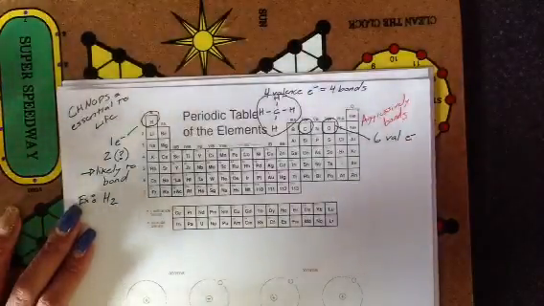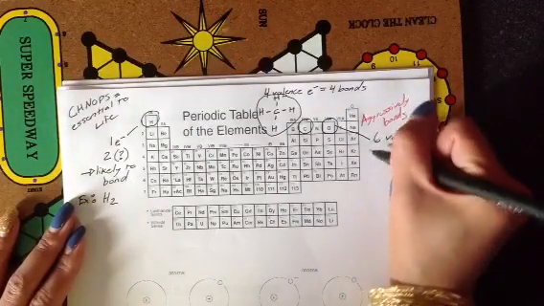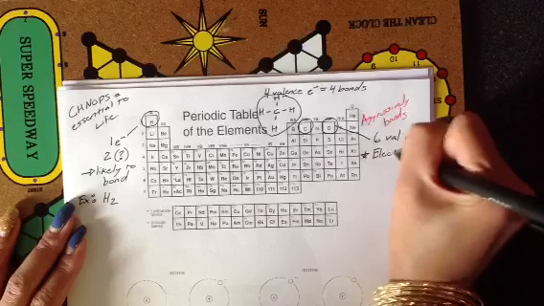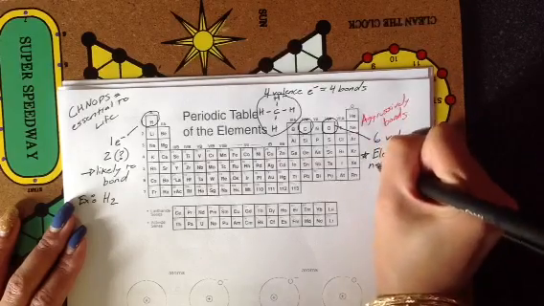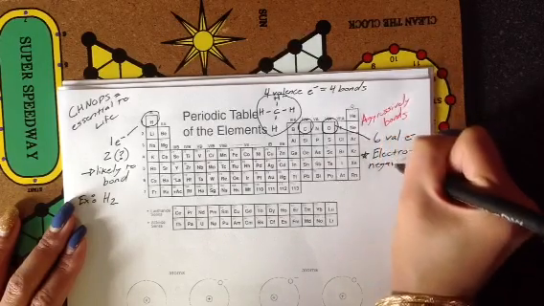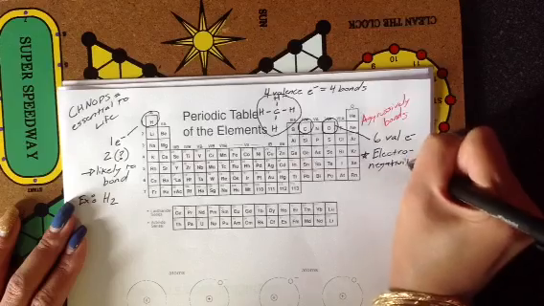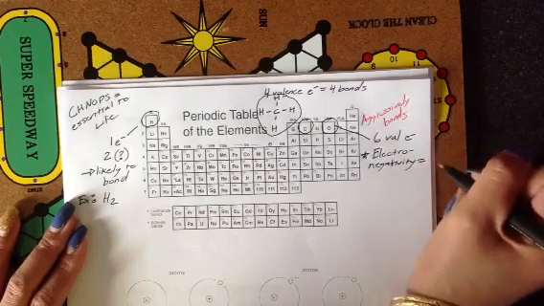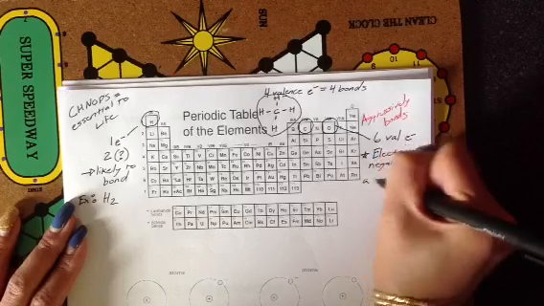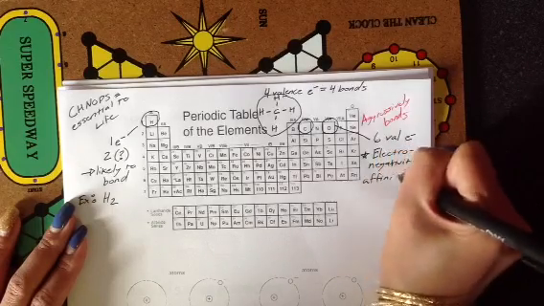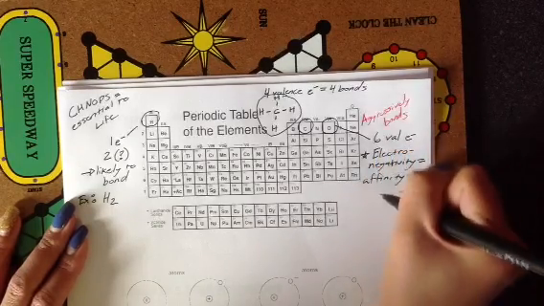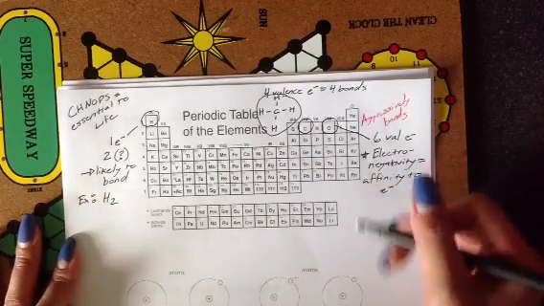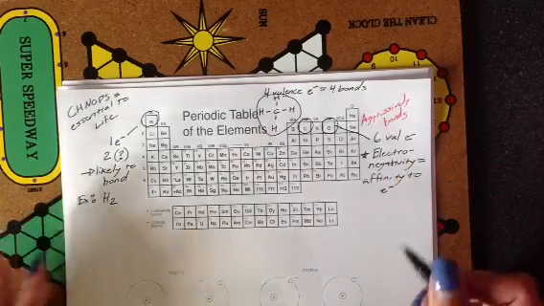It really wants to complete that octet. And we call this electronegativity. And electronegativity just means the likelihood or the affinity that atom has to other electrons. So how likely is it going to try to bond to other electrons?